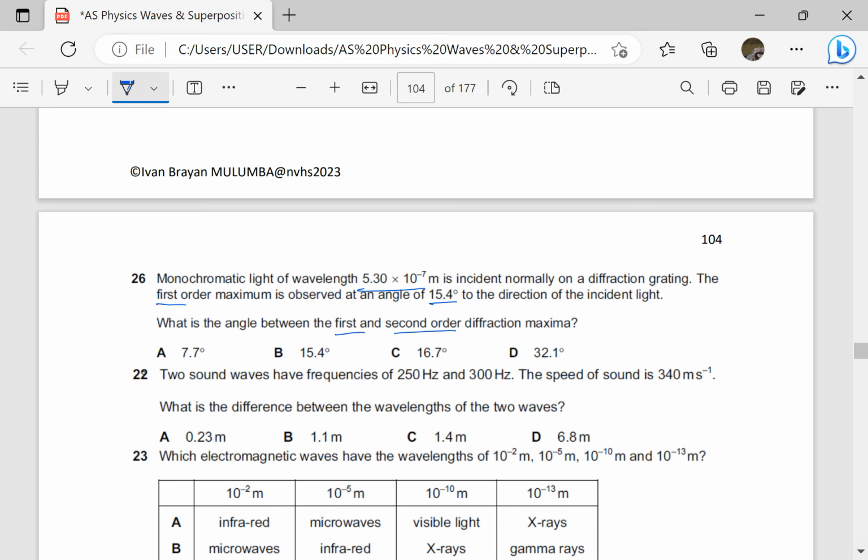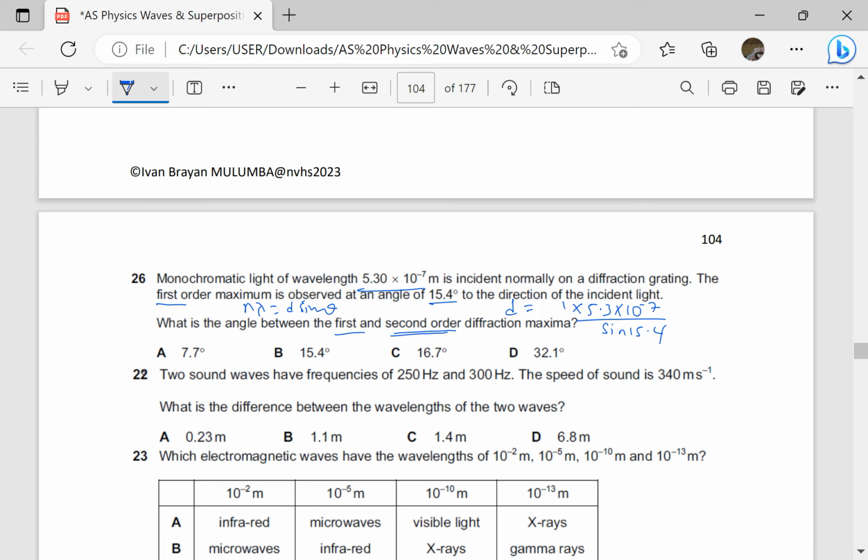For diffraction grating, we know that nλ = d sin θ, which means our value of d is going to be n, which is 1, times wavelength, which is 5.3 × 10^-7, divided by sin of 15.4. That is our value of d. Using that value of d, because it's the same diffraction grating, we shall now change small n to 2.